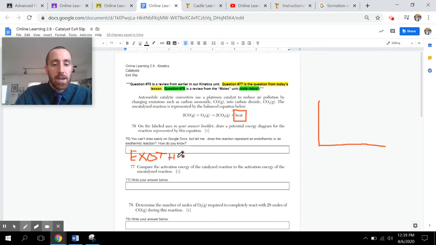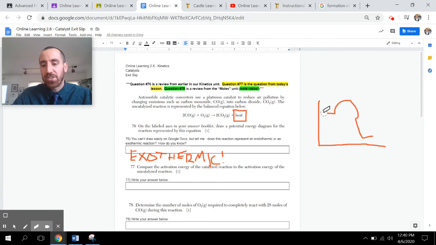Okay? Now, if you want to go doodle what that should look like, there you go. So it's exothermic. Okay? Exothermic reactions should start up high and they lose energy. They go down. Sorry about that little hitch in the graph there. Okay, I'll erase that.